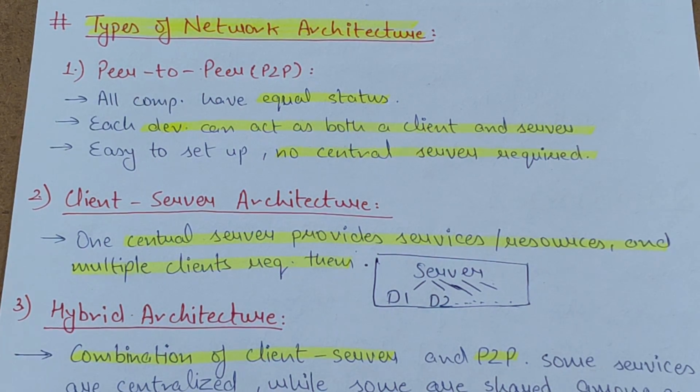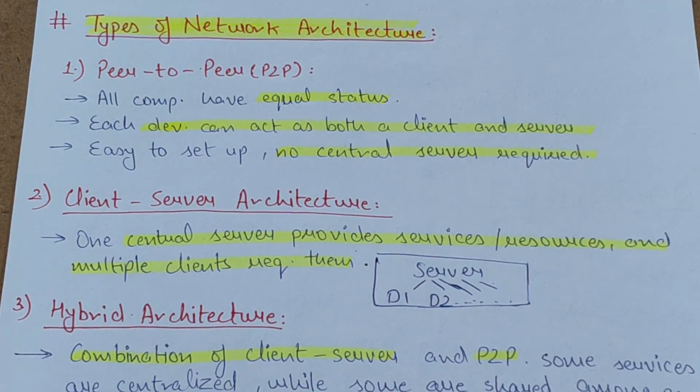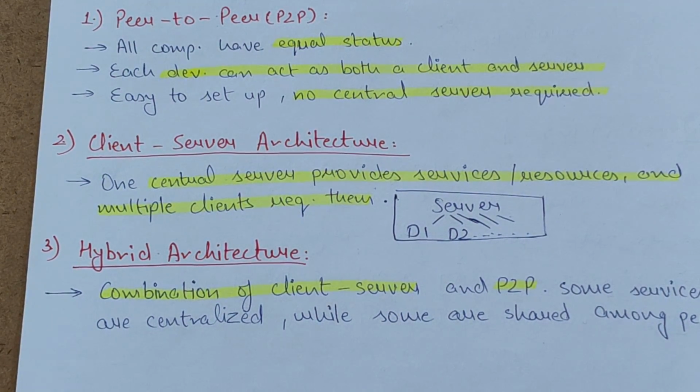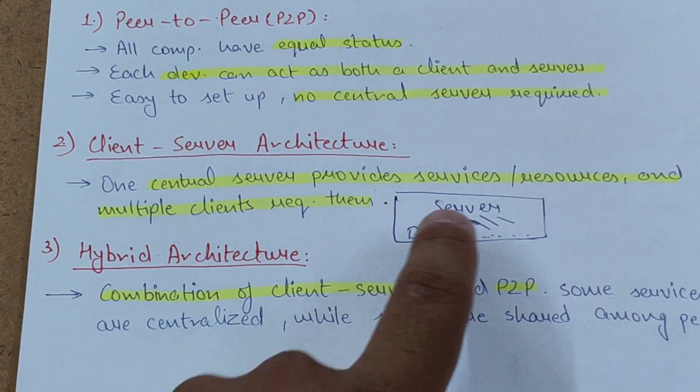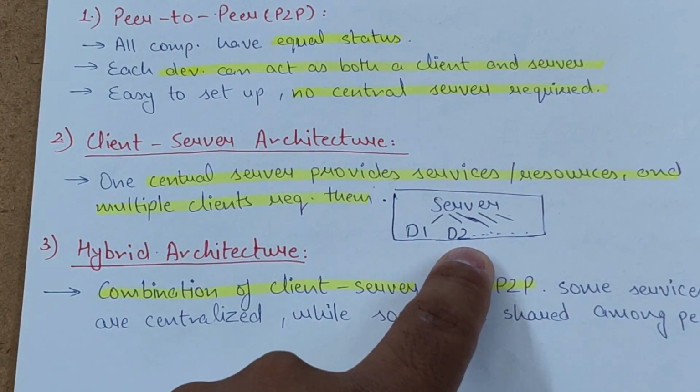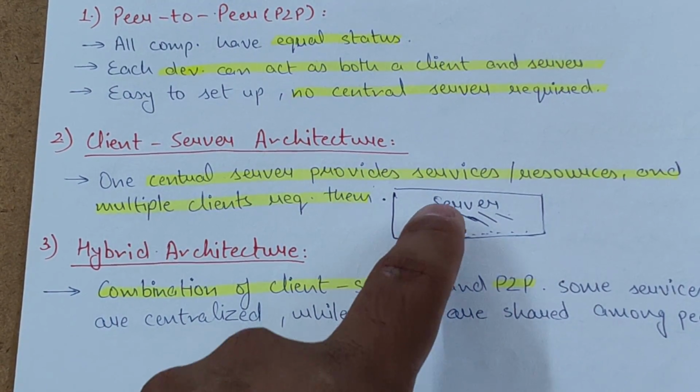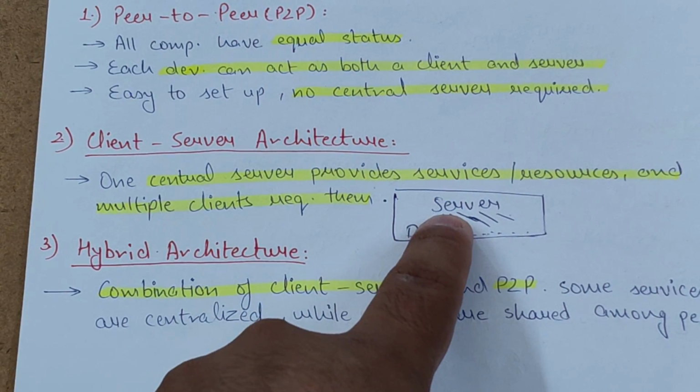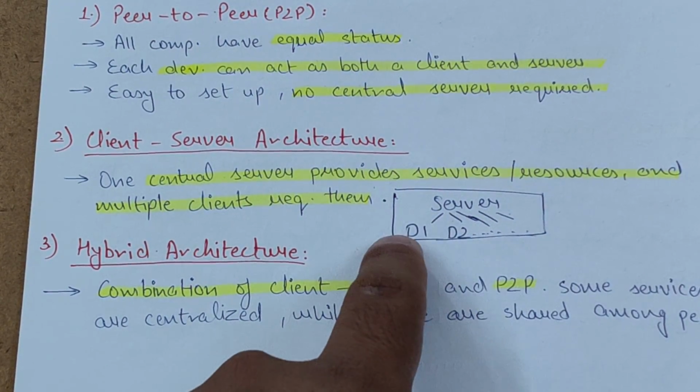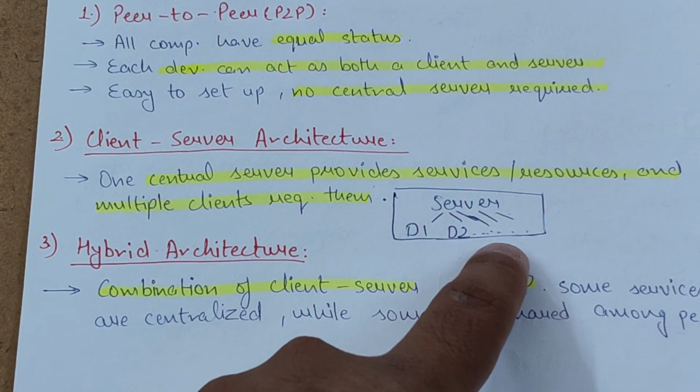So this is the first type of network architecture, and now we'll be talking about client server. In this type of architecture, only one central server provides services and resources, and multiple clients request them. The diagram that I have made here shows the working of this. For example, there's a central server, and there are devices named D1, D2, and many more devices.